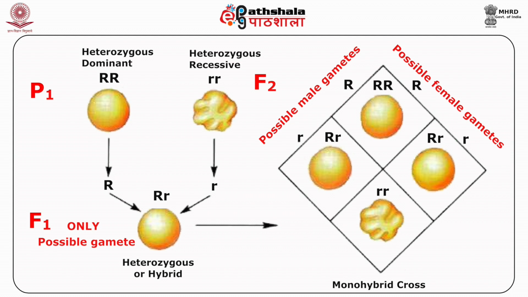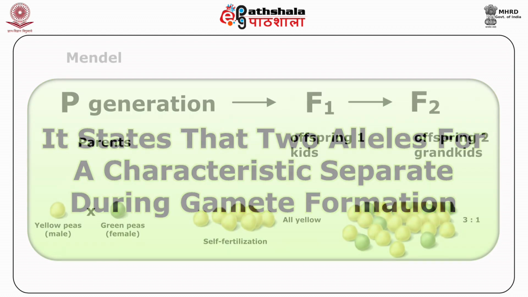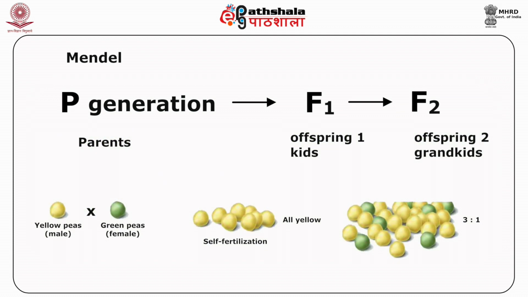Mendel considered a monohybrid cross here, that is, only smooth and wrinkled seeds were taken into consideration. It states that the two alleles for a characteristic separate during gamete formation, that is, egg and sperm. Mendel's experiment showed that the factors, that is, dominant or recessive, for the characters in the P generation separate from each other during gametogenesis.